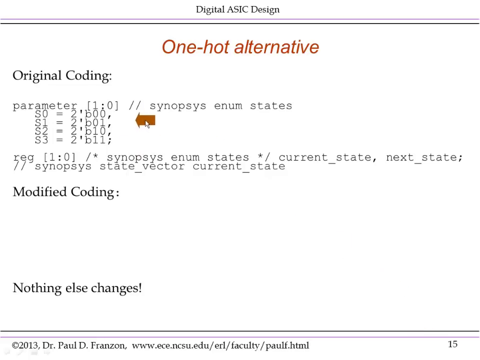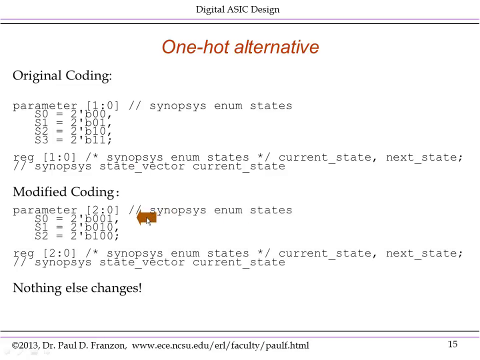Because we parameterized the coding, all we have to do is change that parameterization and the state vector declarations in order to recode the machine as a one-hot alternative. That's the value of parameterization, or one of the values. So this is all we have to do.